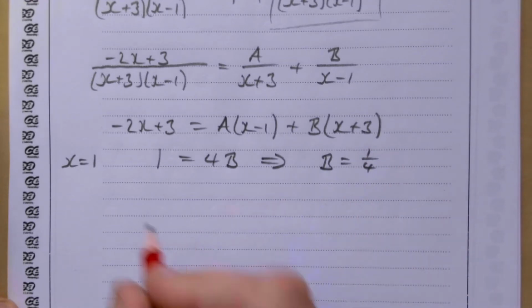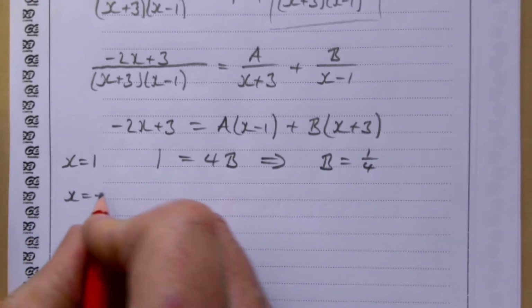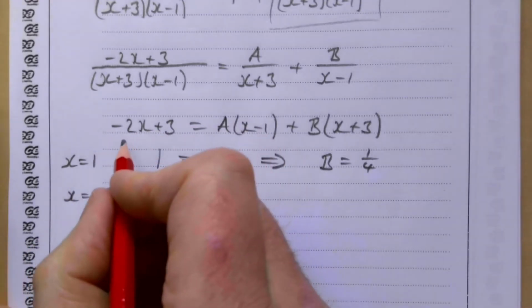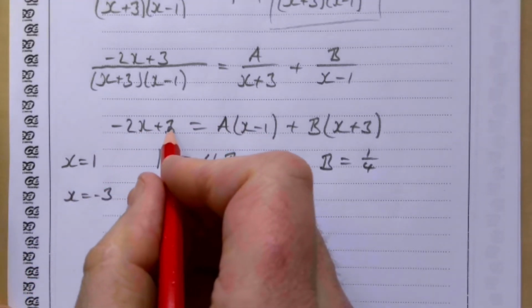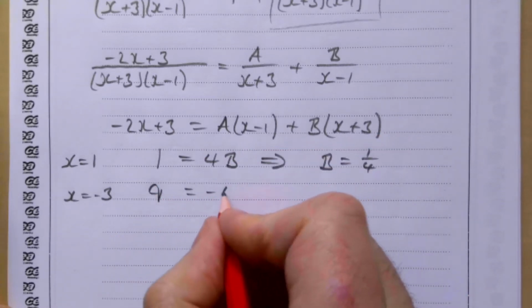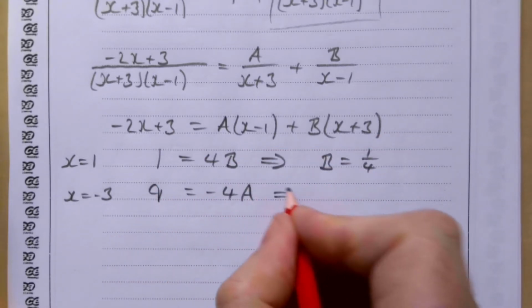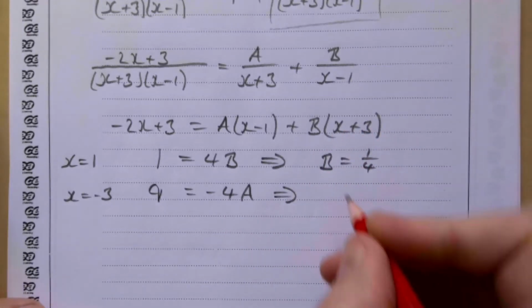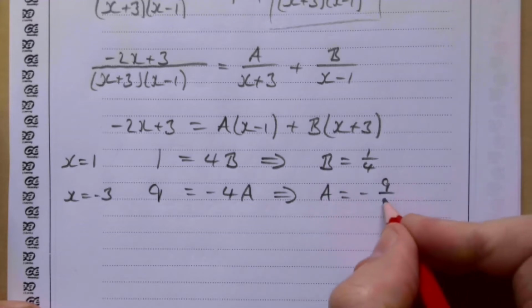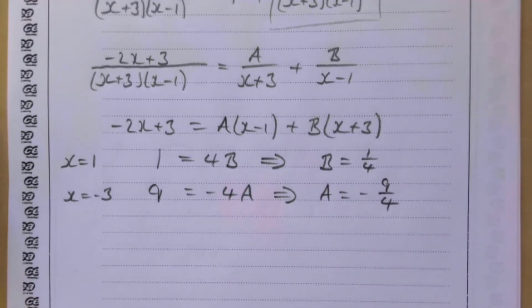I'm going to let x equal minus 3. That gives me then 6 plus 3 here, so that's 9 equals minus 4a. Obviously this bit disappears, so that means a is minus 9 over 4.